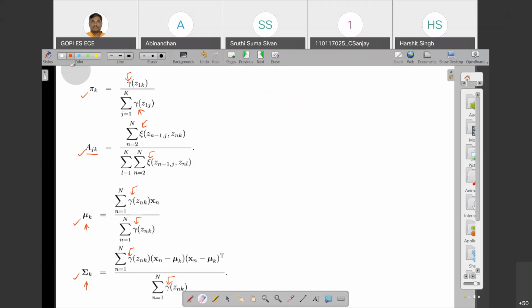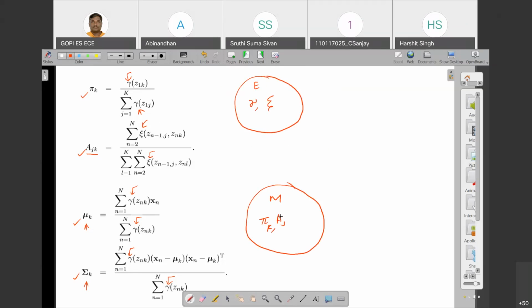One is the expectation stage. The other one is the maximization stage. In the expectation stage, you are going to have some expected value of gamma and zeta. And then the maximization gives you the values of pi k, A_jk, mu k, and sigma k.